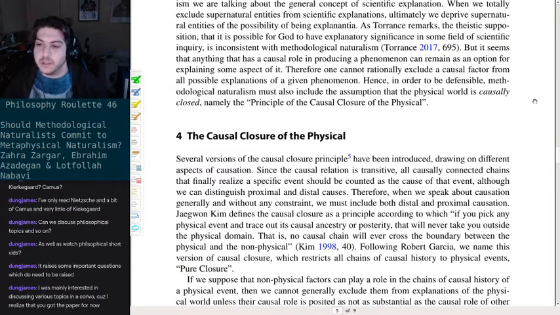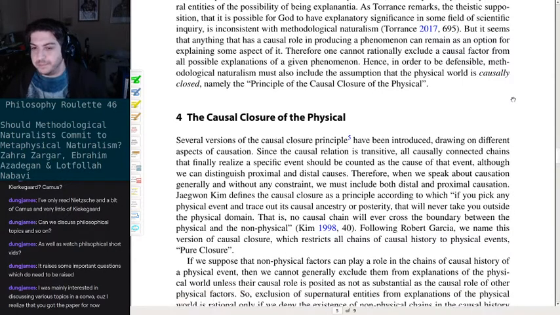So this is basically a causal historical argument saying that if it has a physical cause, the cause has to be physical all the way back, and since everything has to be physical and causal all the way back to the beginning of the universe, there is no space for some extraneous causal factor, such as God, to come in and have explanatory significance. Okay.